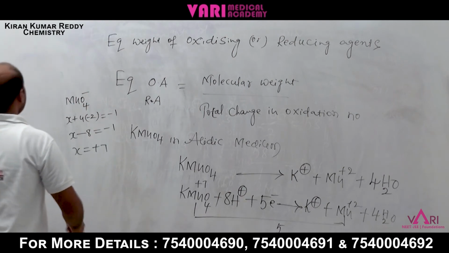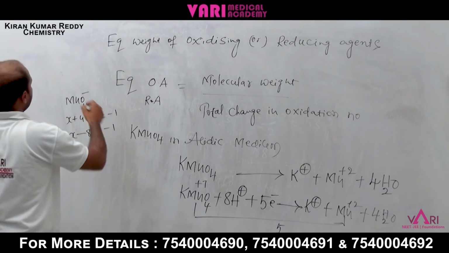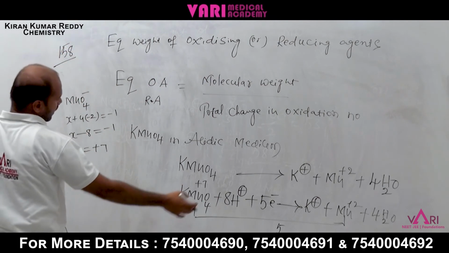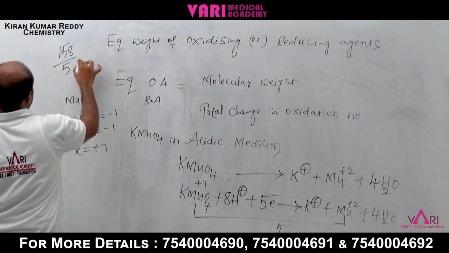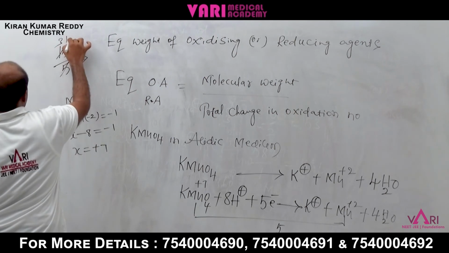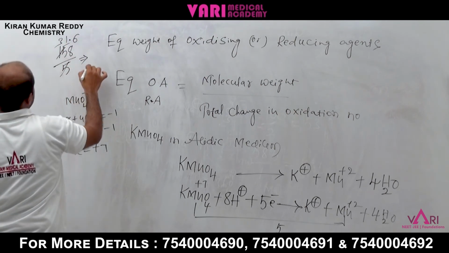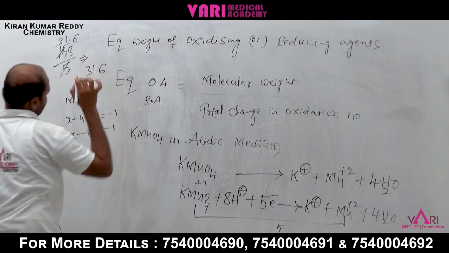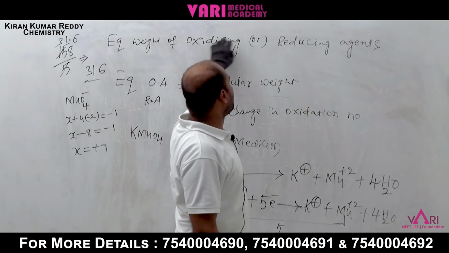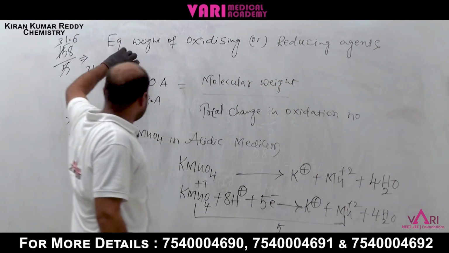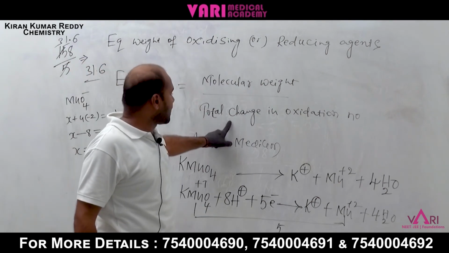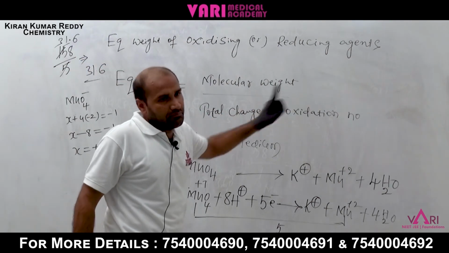Now the equivalent weight of KMnO4 in acidic medium is 158 by 5, that is 31.6. So the equivalent weight of an oxidizing agent is equal to molecular weight by total change in oxidation number.